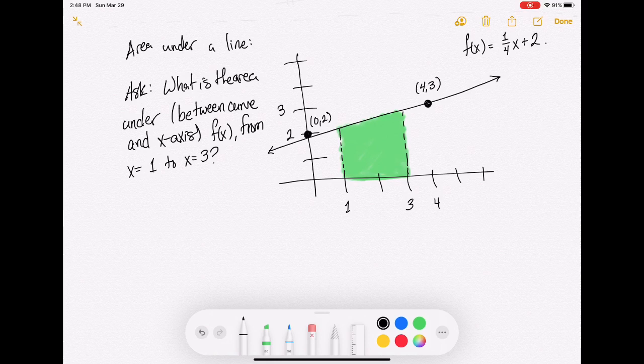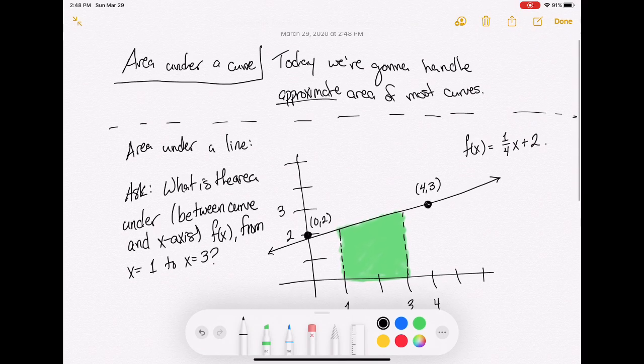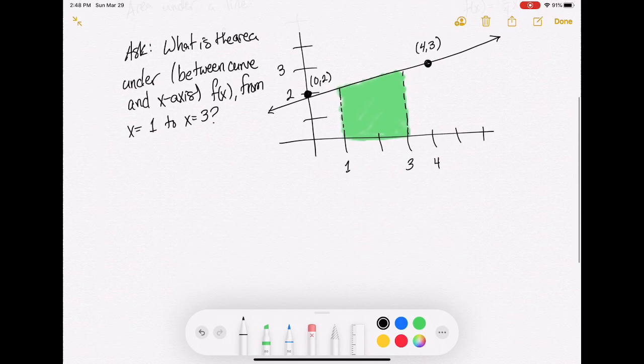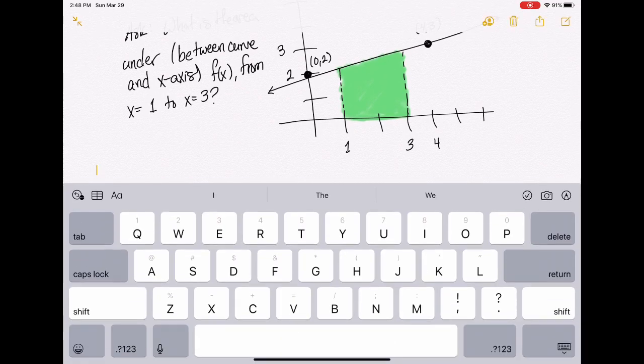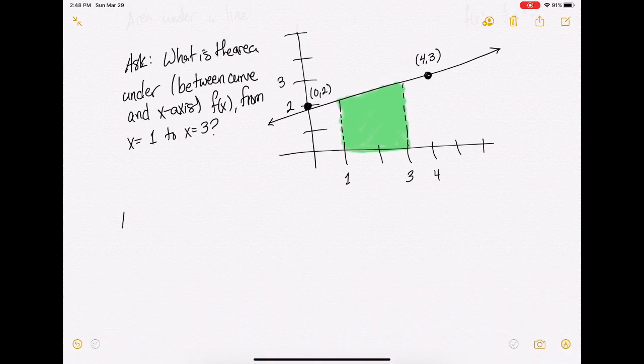And let's take 10 seconds. I realize I don't want to waste your time. 10 seconds to just think about this and see if you can give me the exact area. I know I said earlier we would say approximate area, but on this one we can get an exact area today. So today we can get exact area for lines.